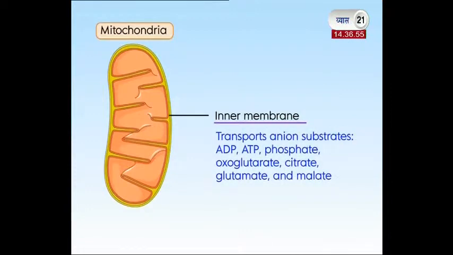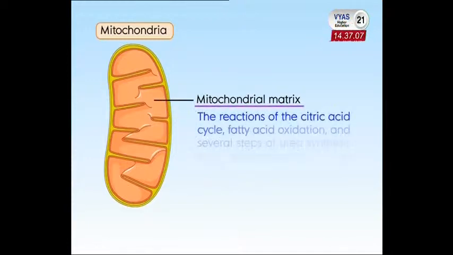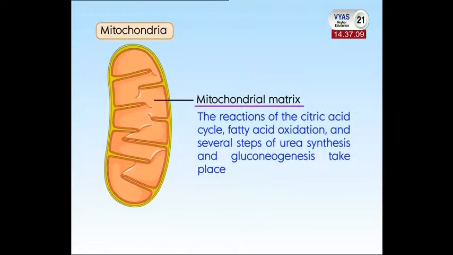The inner membrane transports anion substrates such as ADP, ATP, phosphates, oxoglutarate, citrates, glutamate, and malate. The reactions of the citric acid cycle, fatty acid oxidation, and several steps of urea synthesis and gluconeogenesis also take place in mitochondria.